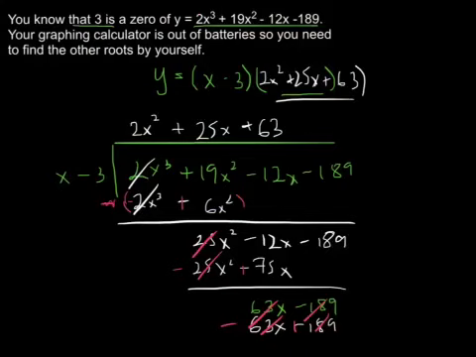And that's all great, but what you should ask yourself right now is, what is the question that remains? Have I answered my question? Have I found the other roots? And the answer is not quite yet, because you don't know what x value will make this 0. This is a quadratic. It's much easier to find what will make a linear factor 0.